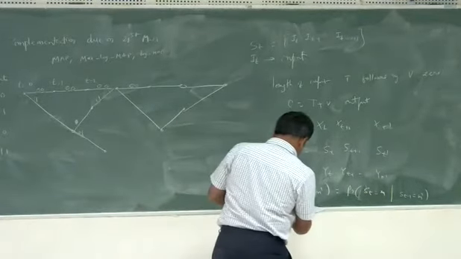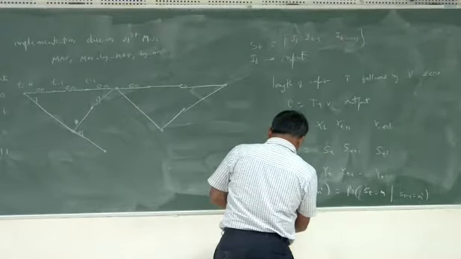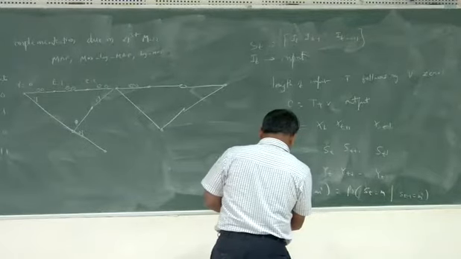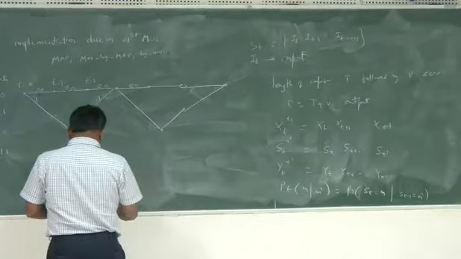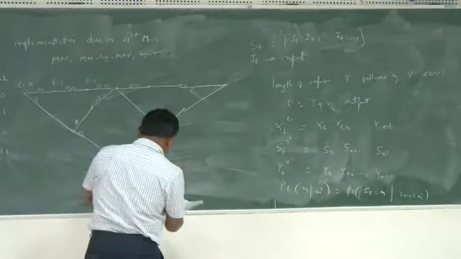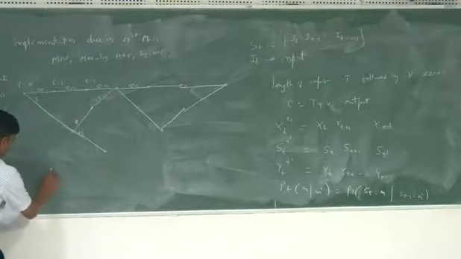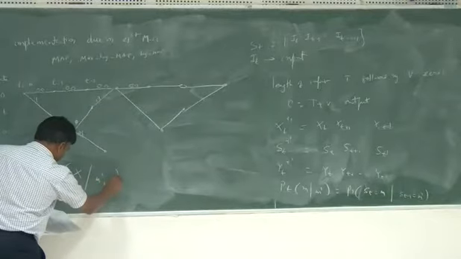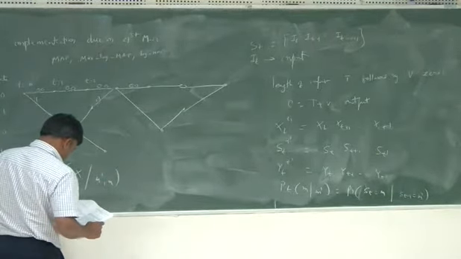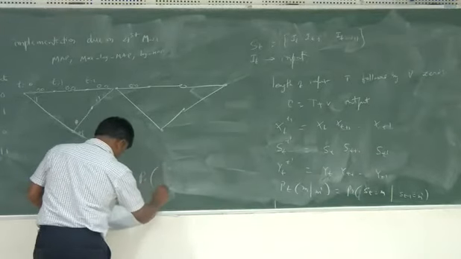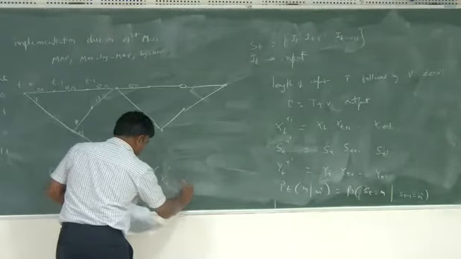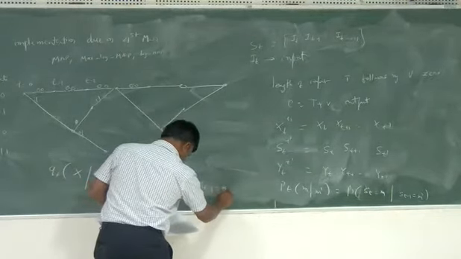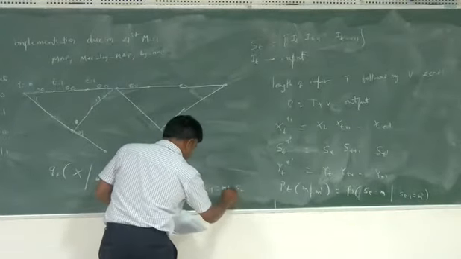Similarly, we have q_t(x given m prime, m) equal to the probability of xt equal to x and s_{t-1} equal to m prime and st equal to m.